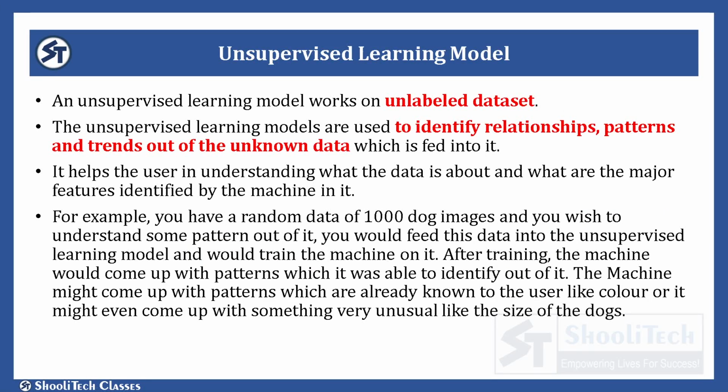The second type of learning-based models are the unsupervised learning models. In these models, we use unlabeled data. As data is not labeled, it means the data is unknown. And now the machine tries to identify relationships, patterns or trends out of this unknown data.